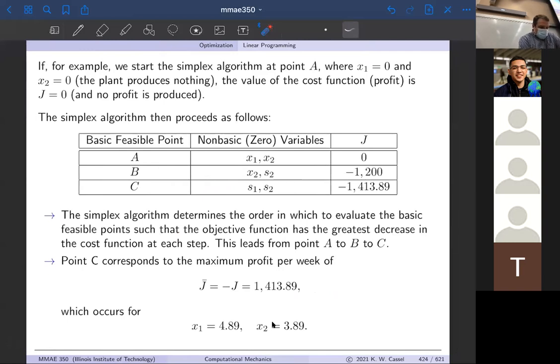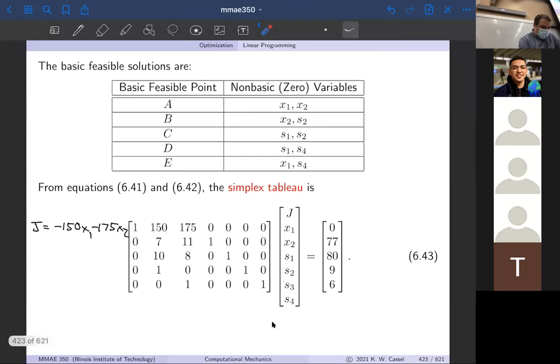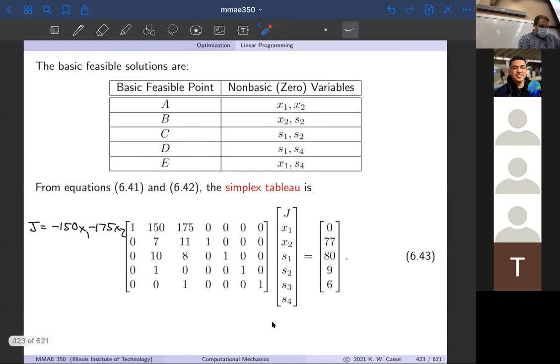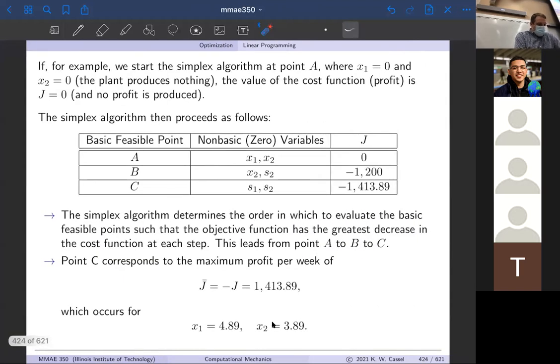But just take point A as an example. For point A, 2 of the variables are 0. Looking at my table, it's x1 and x2. What are x1 and x2? Well, that's the number of tons of product A and B that I've made. If those are both 0, that means I haven't made any. So I sure hope, and my boss certainly hopes, that that is not the optimal solution.